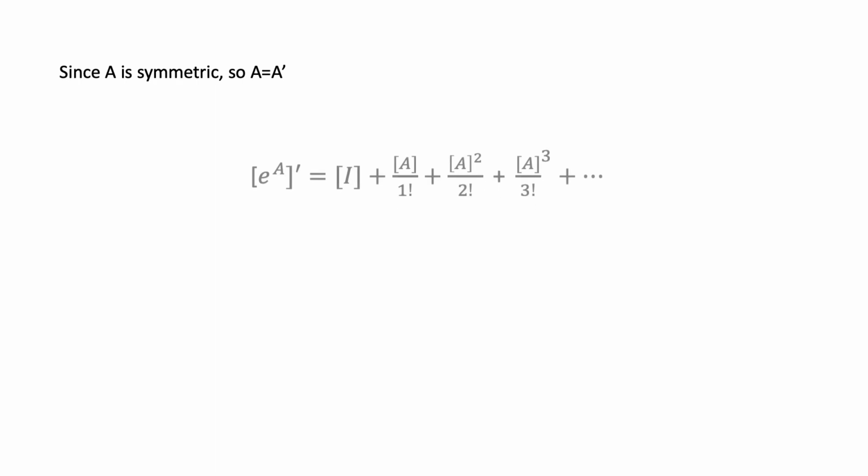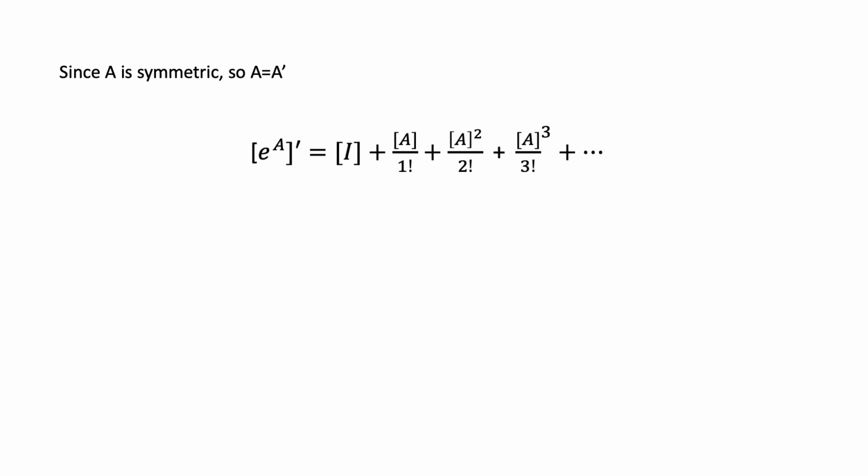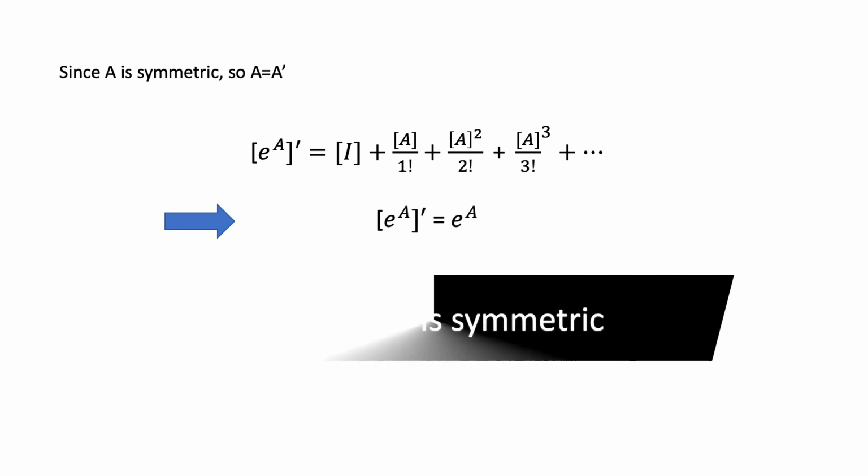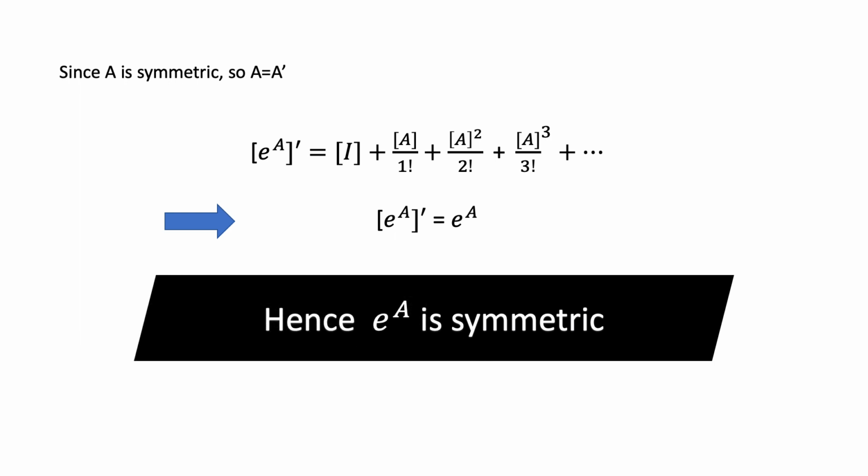Since the matrix is symmetric, A is equal to A dash, so we can replace all the A dashes with A's. So we are left with I plus A plus A square by 2 factorial, A cube by 3 factorial and so on, and this is nothing but the exponential of A. So we have proved that (e to the power A) dash is equal to e to the power A, hence e to the power A is a symmetric matrix.